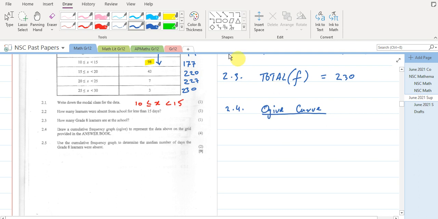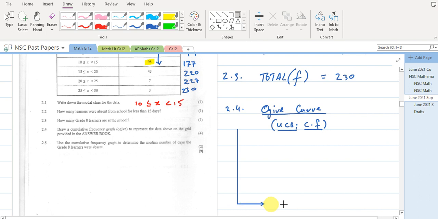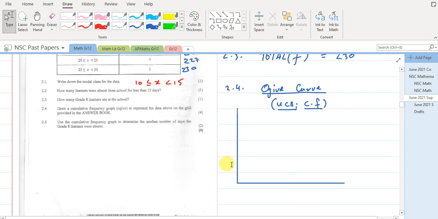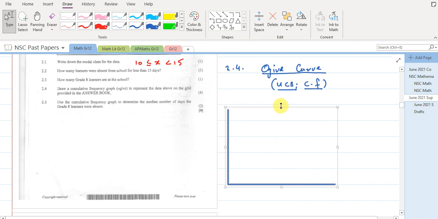That's what we need. And to draw this, let me draw this. Let's make some space here quickly.